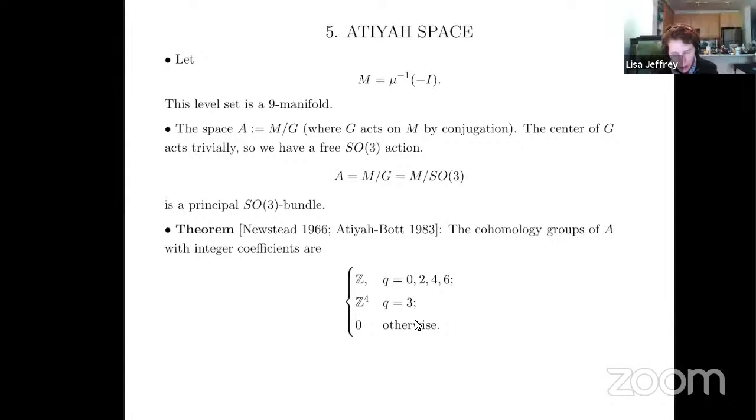Okay, so M is a 9-manifold, and A is a 6-manifold. Whoops. Good. Can you see the?